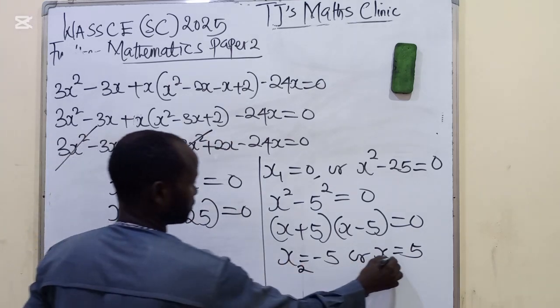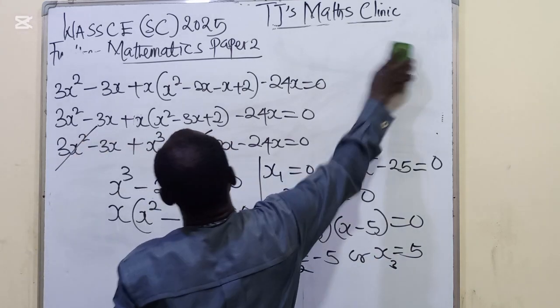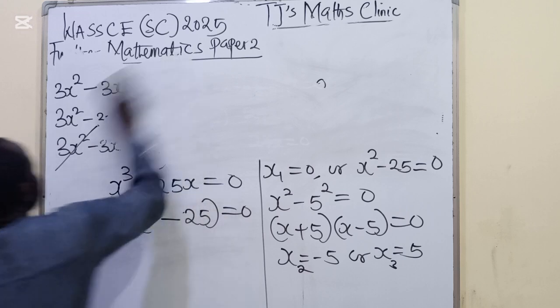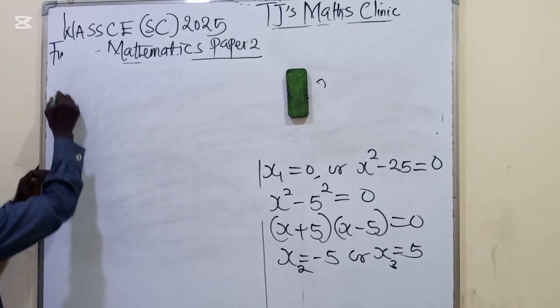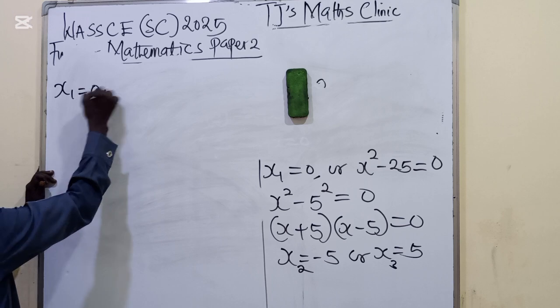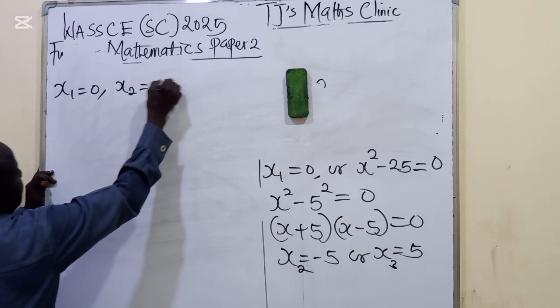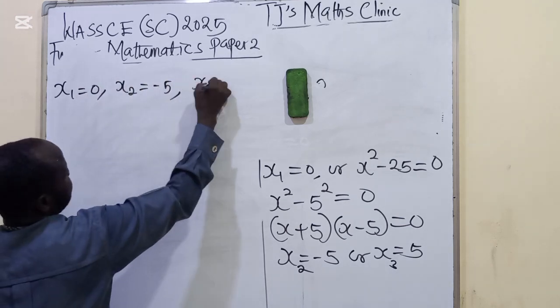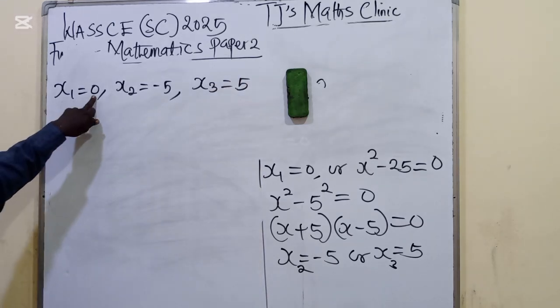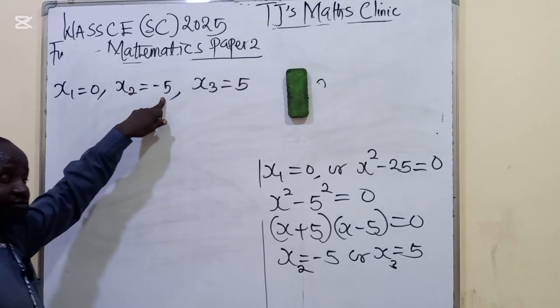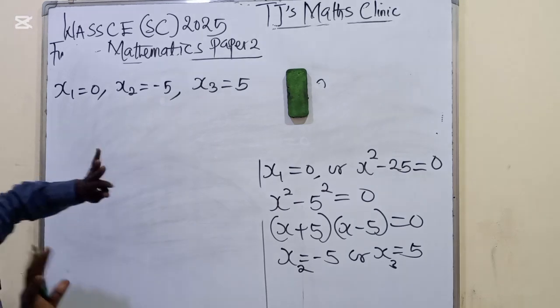This is x2, x3. Finally, we can conclude that the three values of x: x1 is 0, x2 is minus 5, x3 is 5. But x cannot be 0 and x cannot be minus 5 because we are looking at positive x.